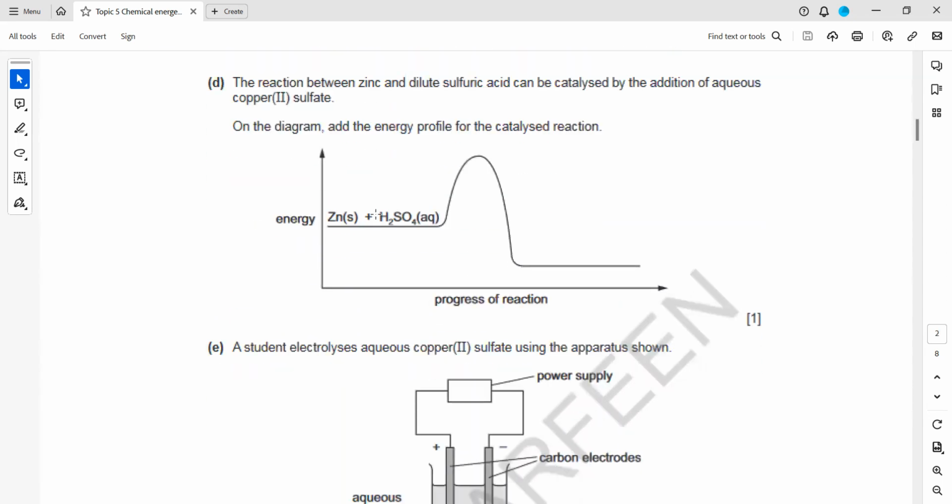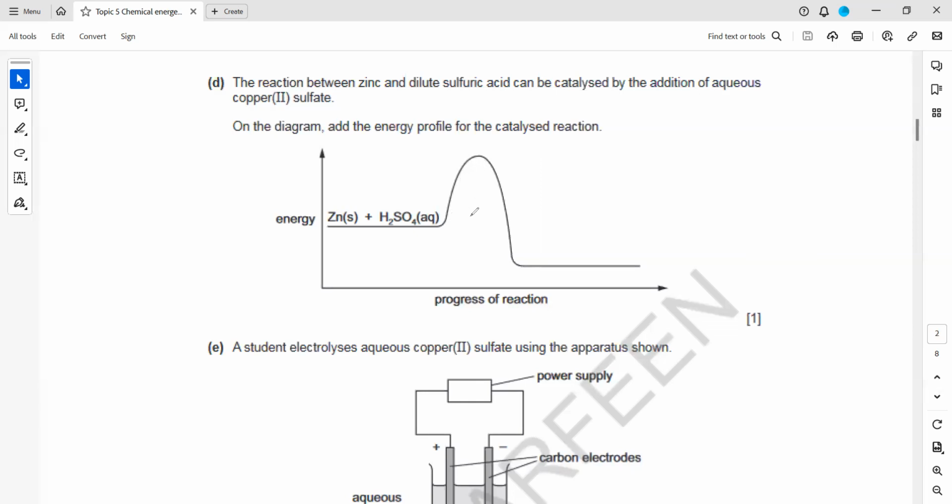The reaction between zinc and dilute sulfuric acid can be catalyzed by adding aqueous copper 2 sulfate. On the diagram, add the energy for a catalyzed reaction. So if you use a catalyst, what is the effect of the catalyst? A catalyst alters the rate of reaction by lowering the activation energy.